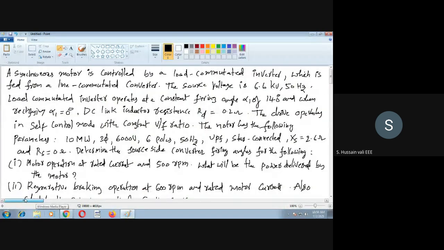Now we'll solve a numerical problem. I just want you to go through this numerical problem. This is about a synchronous motor.